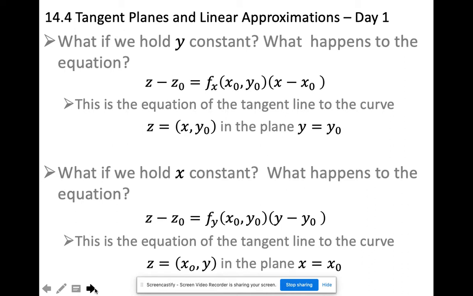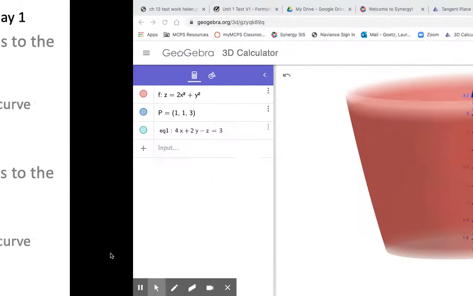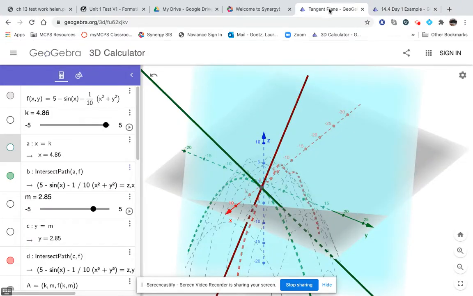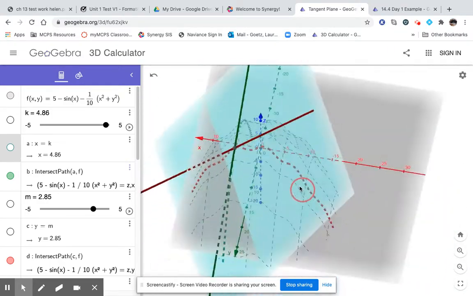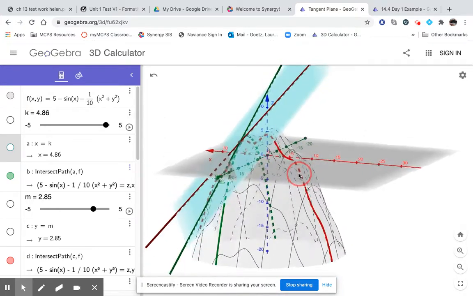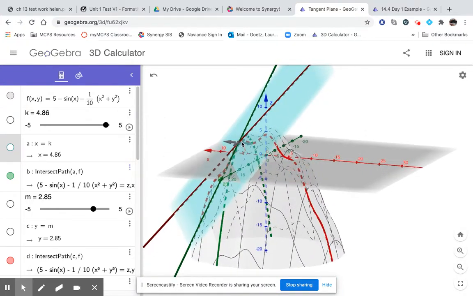And I have these two lines in this next applet. This one's a little more complicated surface, but if you look at it, I have a tangent plane, and there's a point of tangency. Here's my point of tangency right here. There's my tangent plane at this point, and I have two intersecting tangent lines going through it.